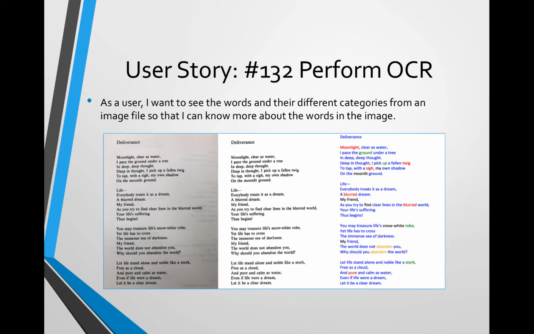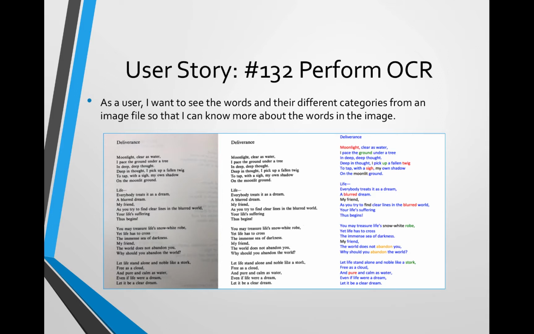For user story 132, Perform OCR: as a user, I want to see the words and the different categories from an image file so I can know more about the words in the image. In this image right here, the beginning is the original picture, the one we took with our phone. We use a combination of OpenCV and Tesseract.